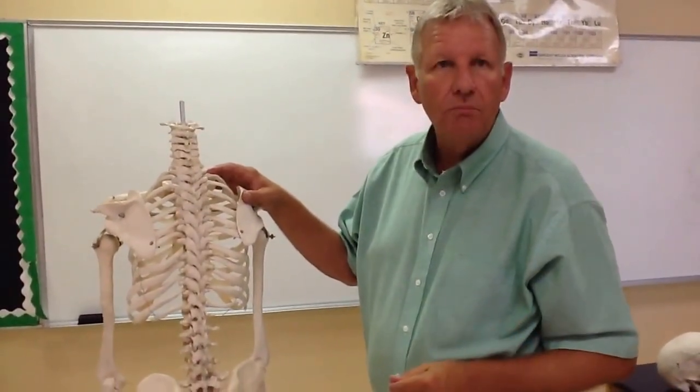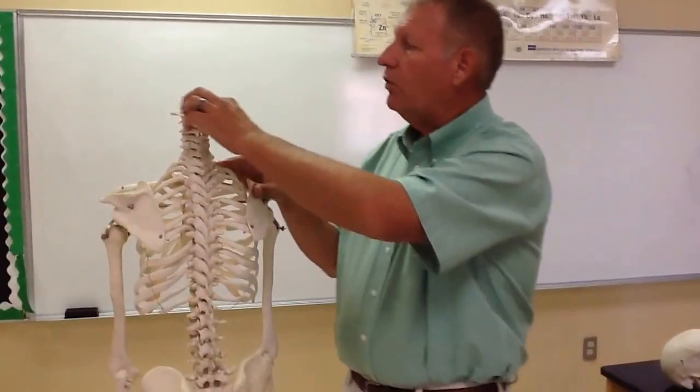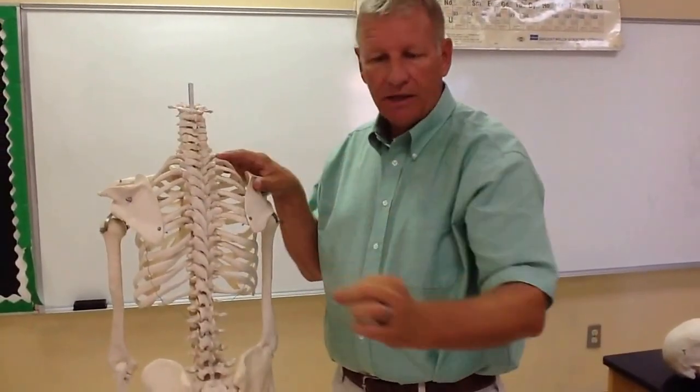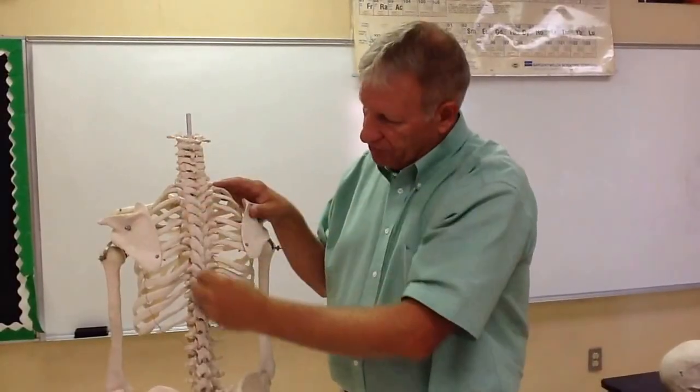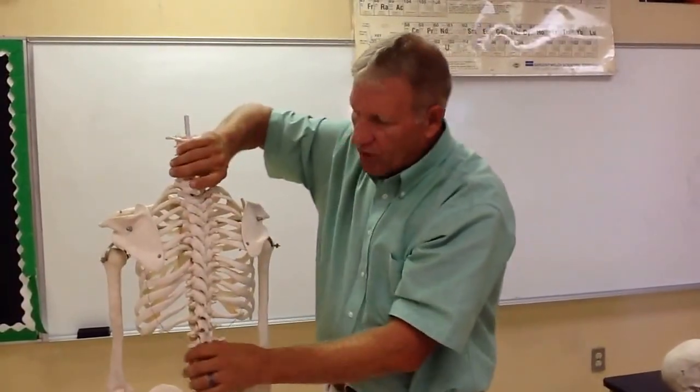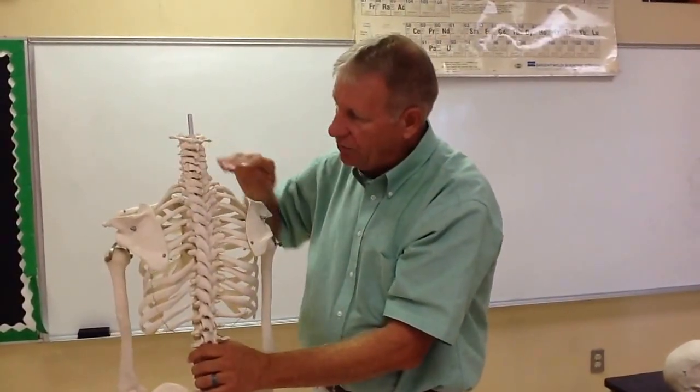It's not much larger than pencil lead. Isn't that incredible that all of this is protecting it? Your actual spinal cord is not a lot bigger than the lead in a regular pencil. So isn't that amazing that all that's protected? But we have all this so it can bend and still protect.